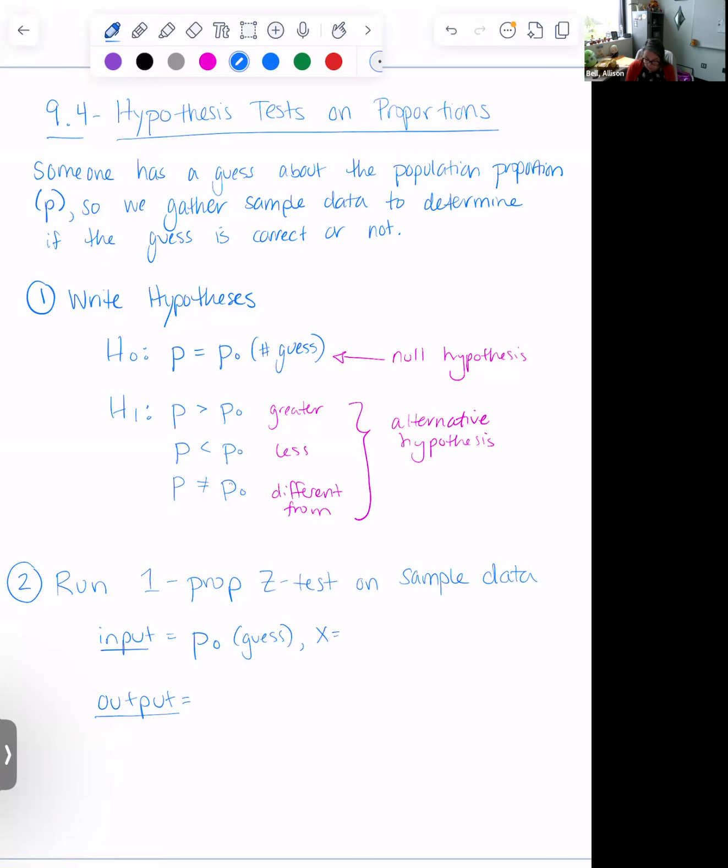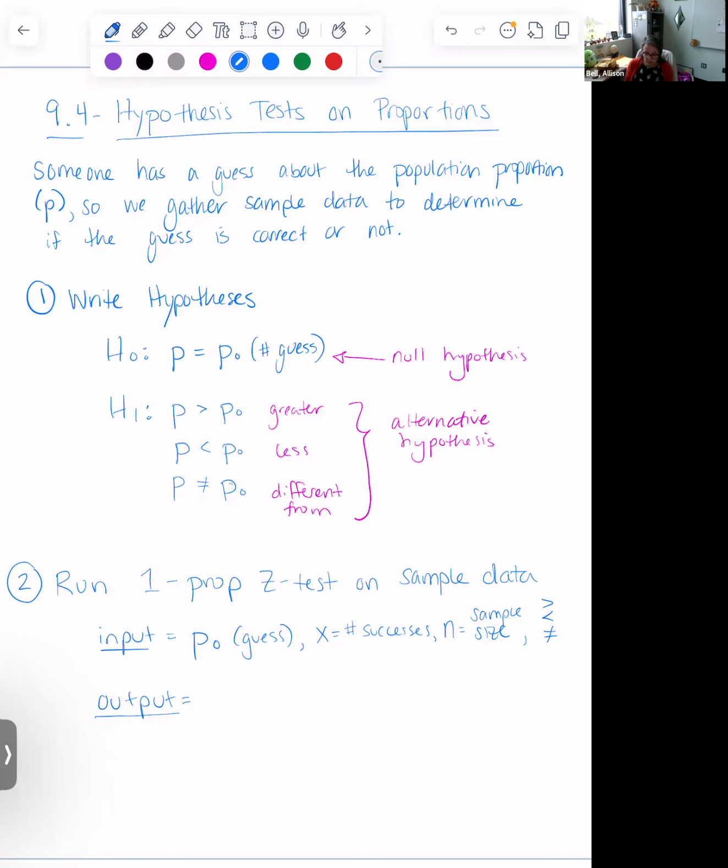Then we can put in X, which is the number of successes. And then we can put in N, which is always our sample size. And the last thing we tell the calculator is which direction our alternative hypothesis is going in. Is it greater, is it less, or is it not equal to? And we allow the calculator to give us the results so that we can interpret them.